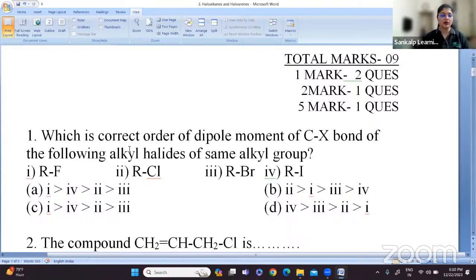So how are you going to explain this particular answer, students? Firstly, what do you mean by dipole moment?